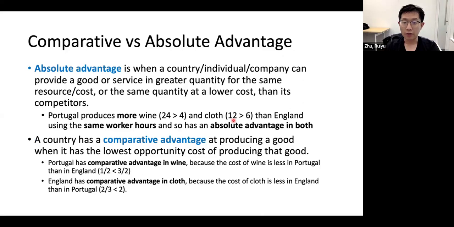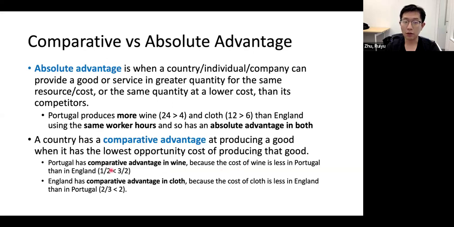However, the comparative advantage is defined by the opportunity cost. So we say a country has a comparative advantage at producing a good when it has the lowest opportunity cost of producing that good. So we can see that Portugal will have comparative advantage in wine because they have a lower opportunity cost than England. Right?